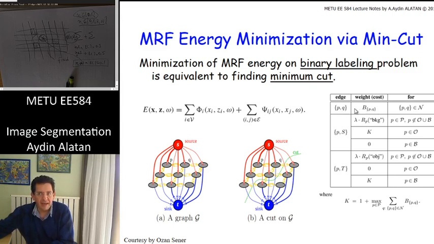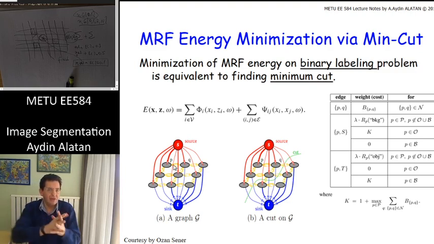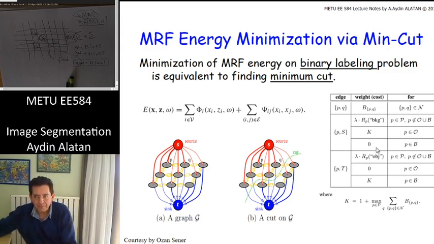We write between edge P and Q, we simply write the yellow one, which is 0 if they have the same label, and if they have different labels, a cost like B over there, okay? Now, P and S, this one, S and P. Now, what I'm writing is this.